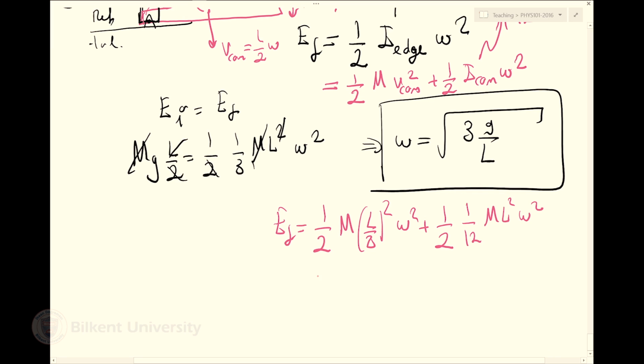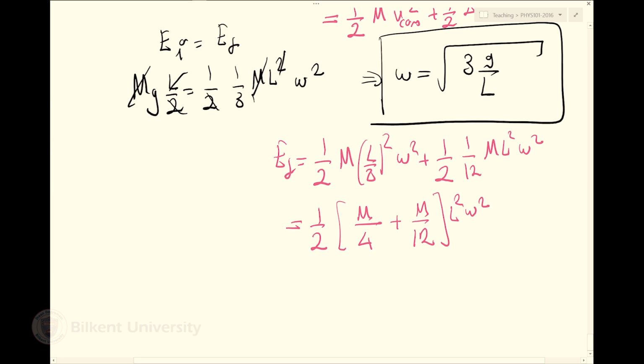And if I combine these two now, I have 1/2 times m over 4 plus m over 12 times L square omega square. What is this? m over 3, right?